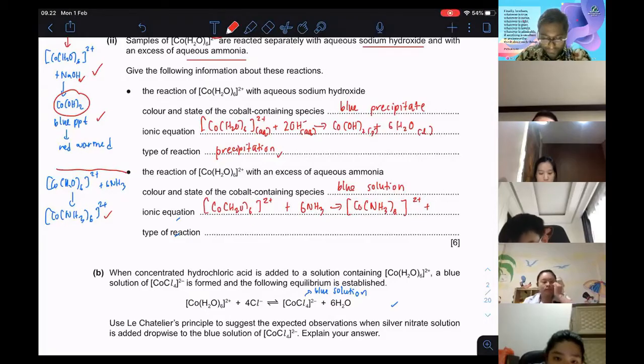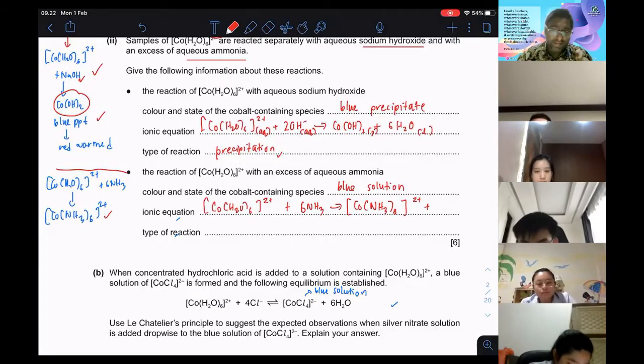So it's cobalt 2 plus. When you replace with NH3, NH3 is also 0, so the 2 plus will stay. Please take note of this. This reaction is an exchange of ligands. The ligands involved are water and ammonia, so we call it ligand exchange.